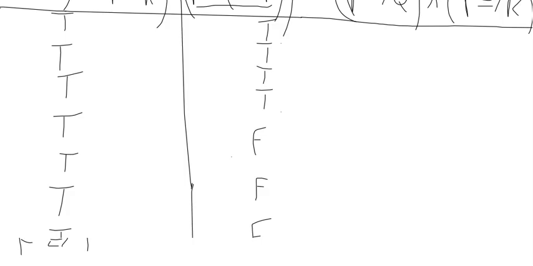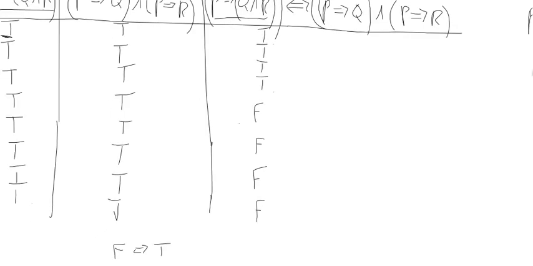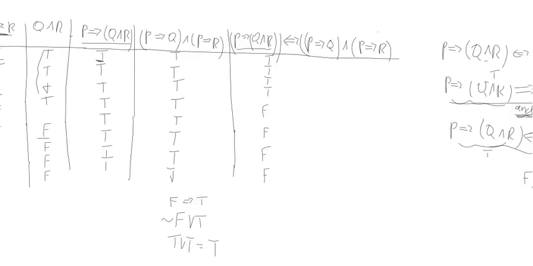And for P implies Q and P implies R, let's see, P implies Q, true, true, true, and you can see that they line up. And that's how we get the final column. We have to make all of these things and compare the trues and falses.